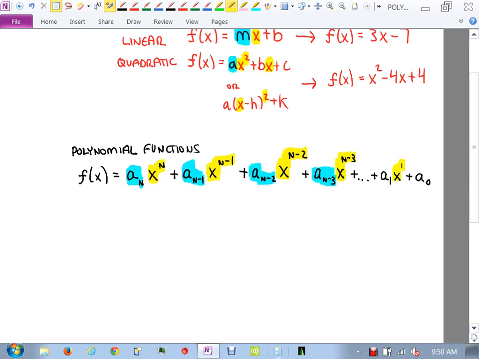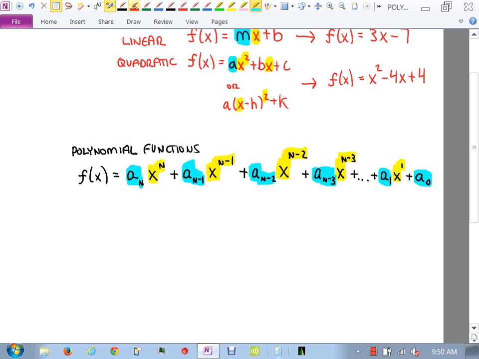So the x to the 1 would be an x to a power, just the power 1, with some number in front of it. And then what's the last one over here, a sub 0? There's no x there, right? So it's just a number. Okay?